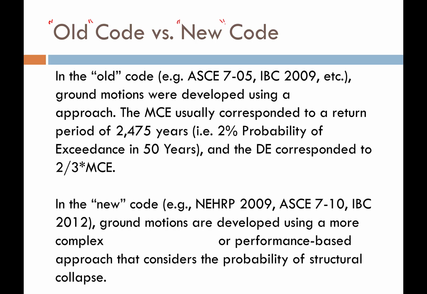The ground motions were developed using some really simple rules. It used a uniform hazard approach. Uniform hazard, we talked about that in the probabilistic seismic hazard analysis lecture, and we'll talk about it again in the conditional mean spectrum lecture that's coming up.